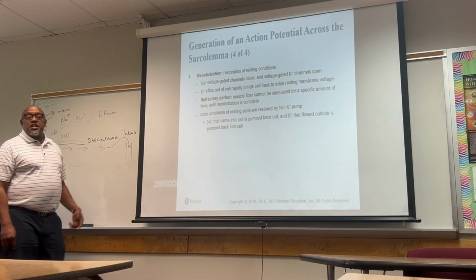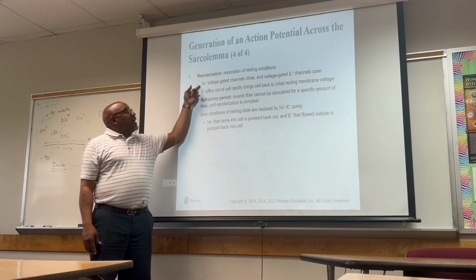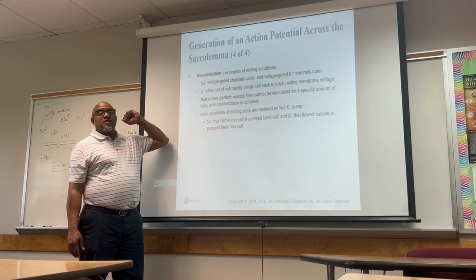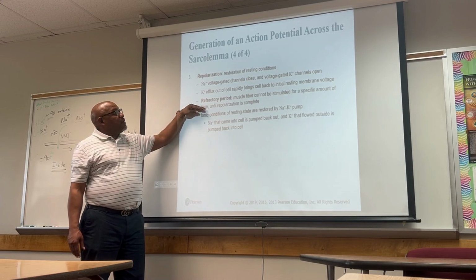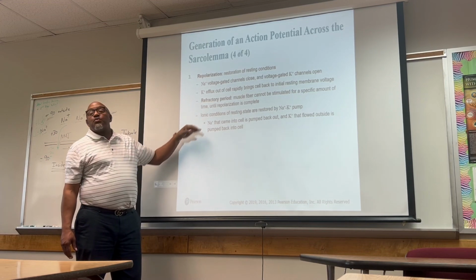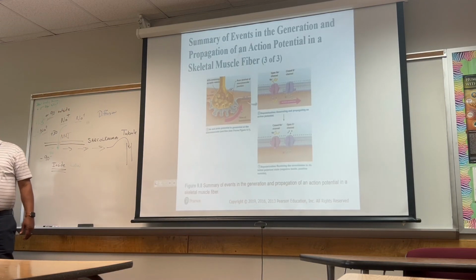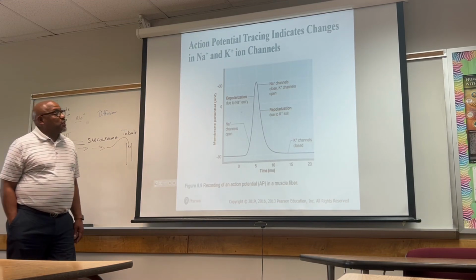And then repolarization is when you're returning from +30 back to -90. When that happens, sodium voltage-gated channels close, and potassium efflux begins, potassium starts to come out. There's something called a refractory period, where the muscle fiber cannot be stimulated until it returns to normal. The sodium channels close, and that brings us back to the diagram we were looking at here.